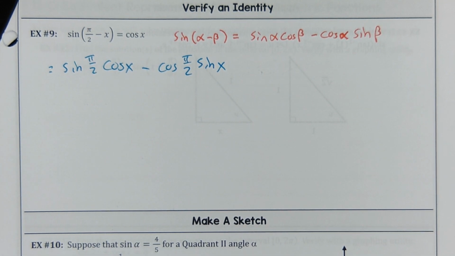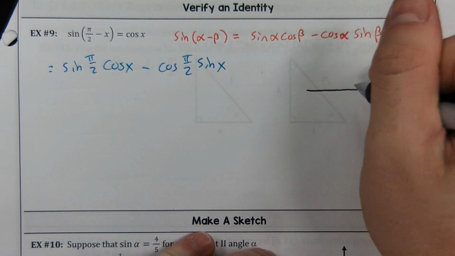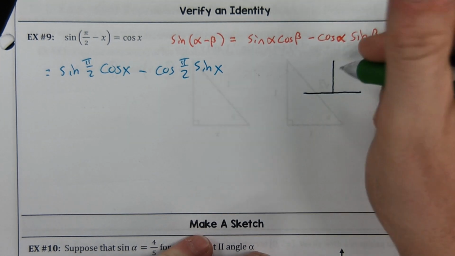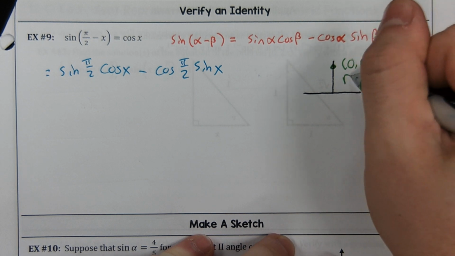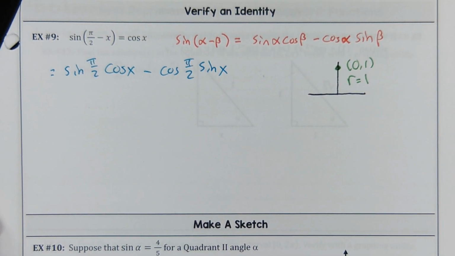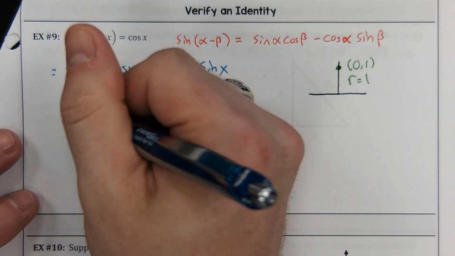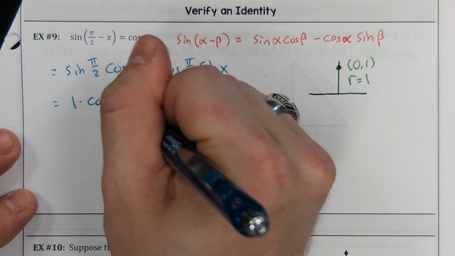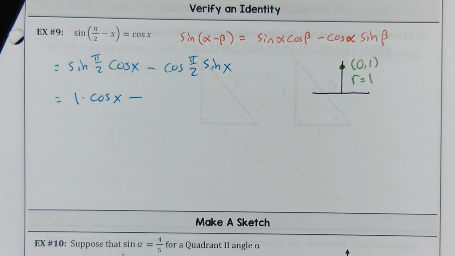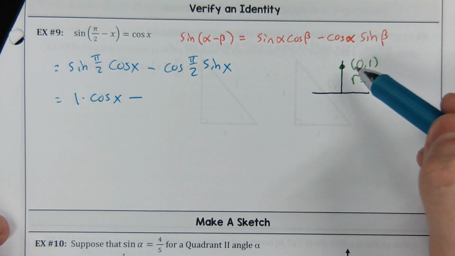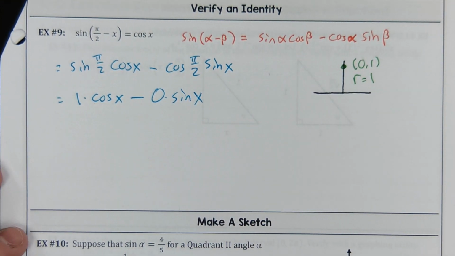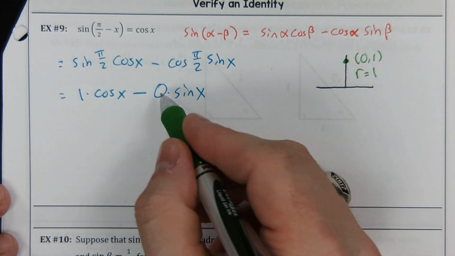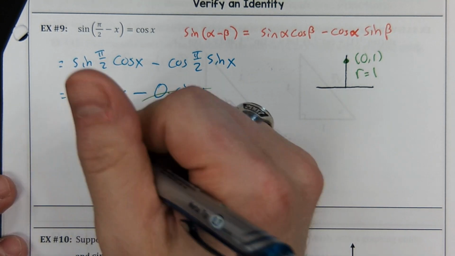It's not a special right triangle, it's a quadrantal angle, but it's right here at pi over 2. The coordinate on the unit circle will be 0, 1 with the radius of 1. Sine is y over r, 1 over 1. Cosine is x over r, 0 over 1. But 0 times sine of x is 0. And 1 times cosine x is cosine x.